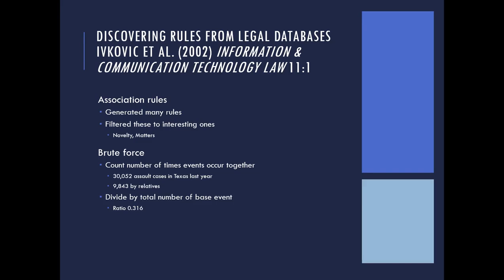A brute force kind of algorithm would count the number of times events occurred together. And in this database, for instance, there were over 30,000 assault cases in Texas the year prior to the study. Of those 30,000, almost 10,000 were assaults by relatives. And so you can identify the proportion by dividing the number of events by relatives by the total number of the base events, which would be 9,843 divided by 30,052, which gives you a ratio of 0.316.